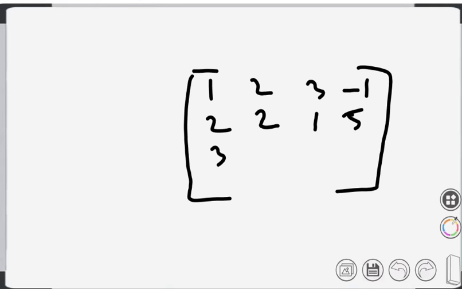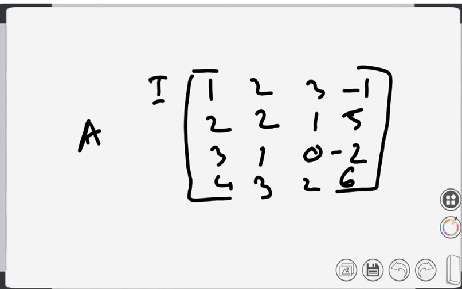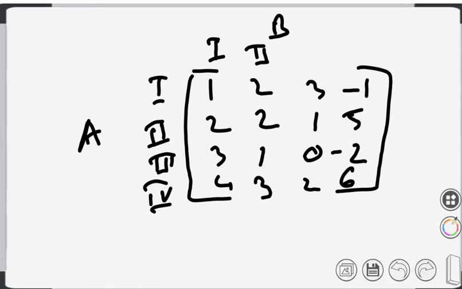Row 3: 1, 0, minus 2. Row 4: 3, 2, 6. So for A there are 4 strategies, and for B also there are 4 strategies. Please try to solve.